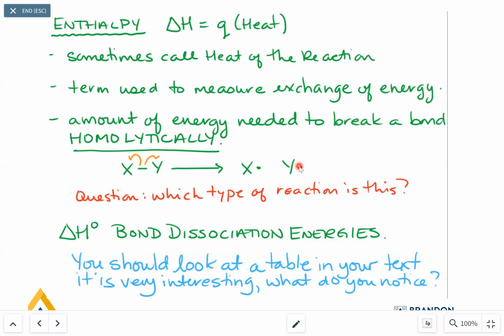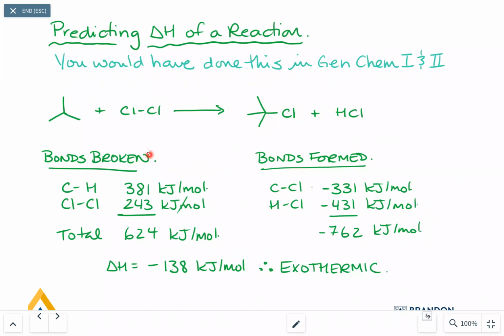Remember, in our polar reactions, we're relying on the electronegativity difference between atoms to break a bond heterolytically. So it's slightly different from what those bond energies are showing here. But if you look at the table of these delta H knots in your textbooks, you'll see some really interesting things.